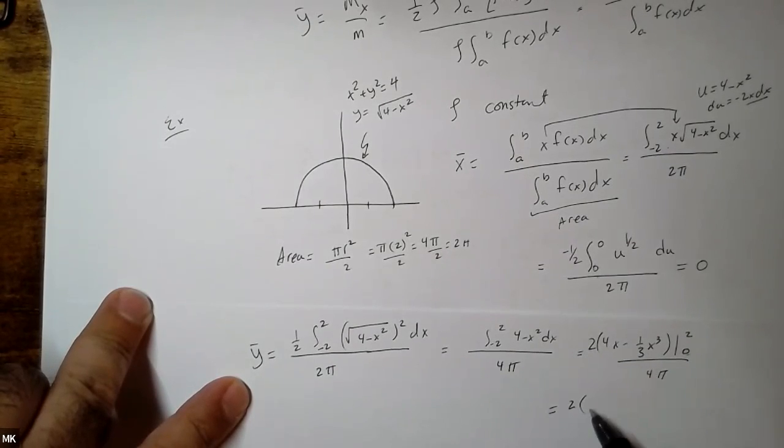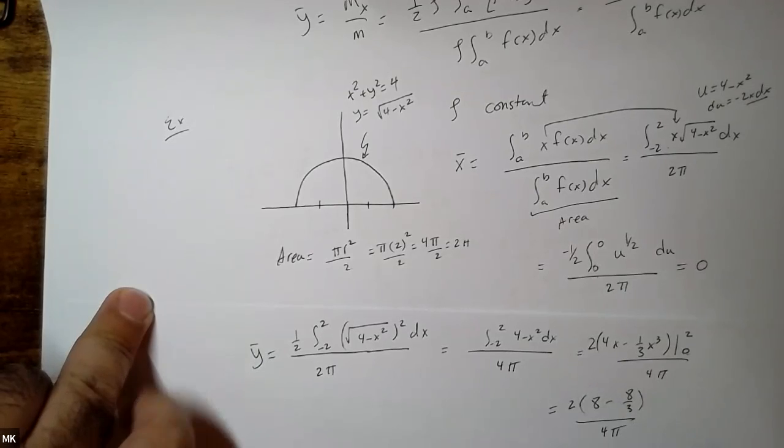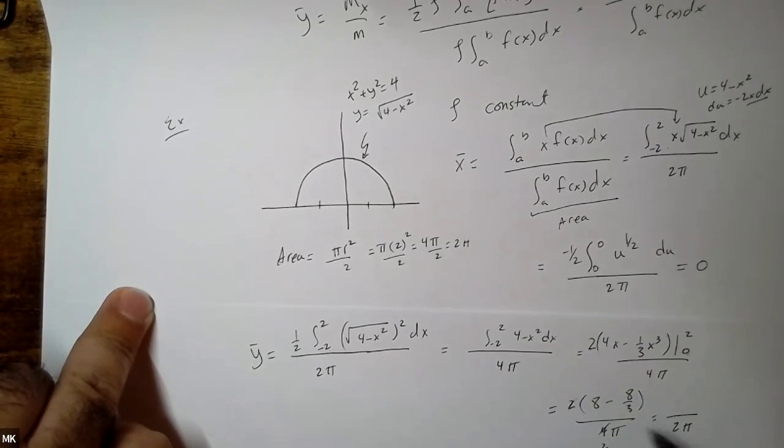I get 4 times 2 is 8 minus 8/3, over 4 pi. 8 minus 8/3 is 24 minus 8 over 3, which is 16/3, and with the 2 and 4 pi cancelling, that is 8 over 3 pi. So that's going to be my y bar.